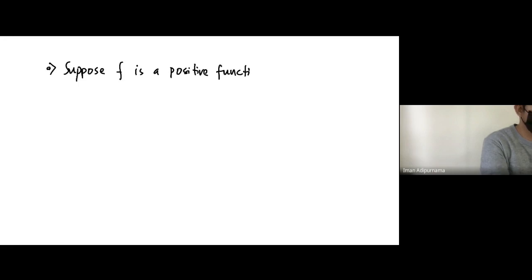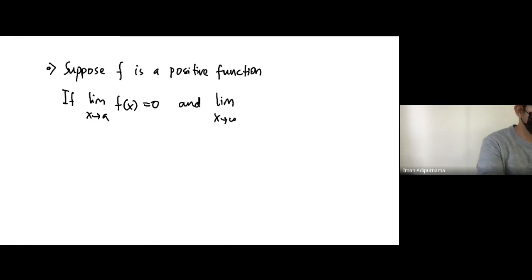Okay. The next thing is, let's say we have, let me write, suppose f is a positive function. If the limit as x approaches a of f of x is 0 and the limit of g of x is infinity.